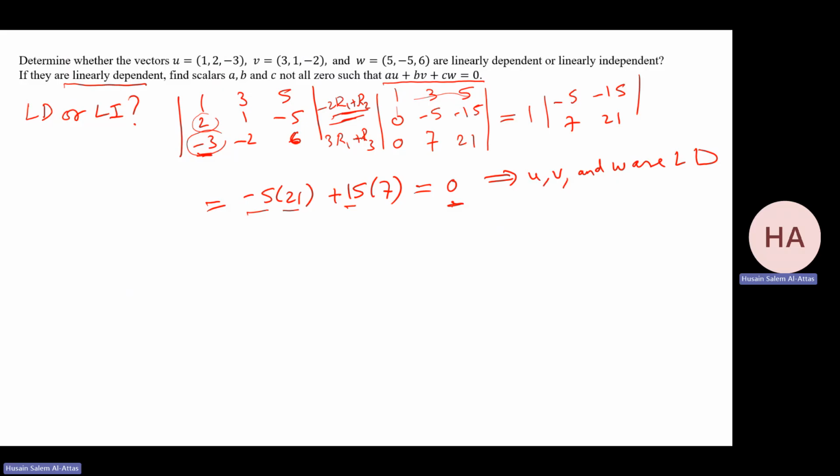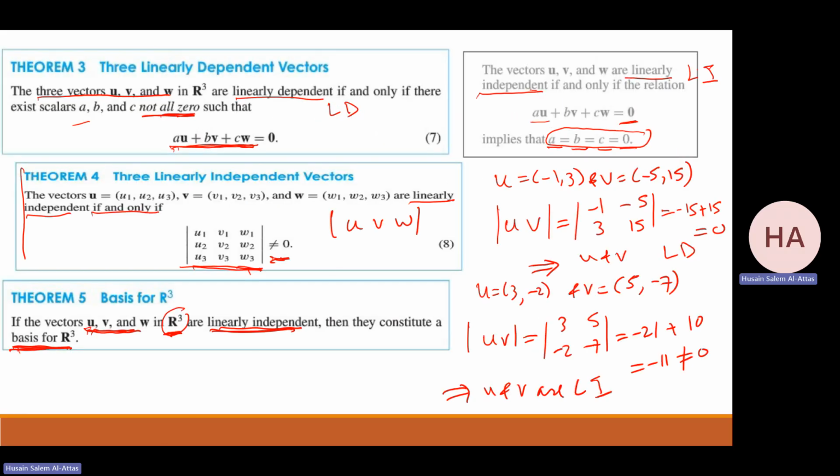So he said, if they are linearly dependent, he wants me to find A, B, C, so that this relation is equal to 0. That's the main definition of linearly dependent, if you remember: there exist scalars A, B, C, not all 0.